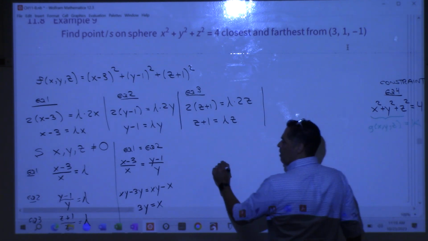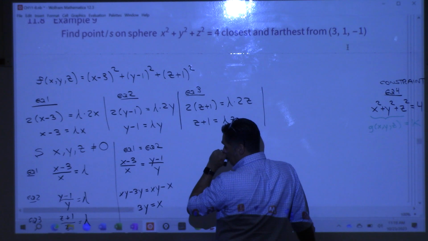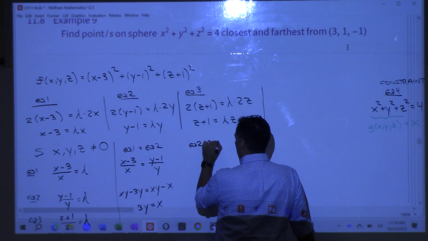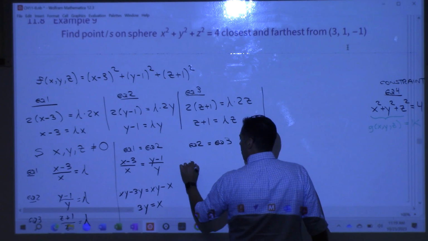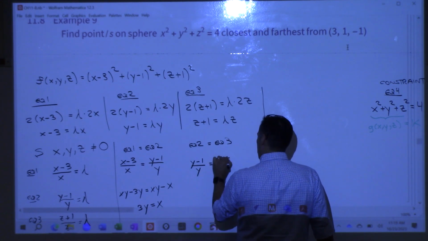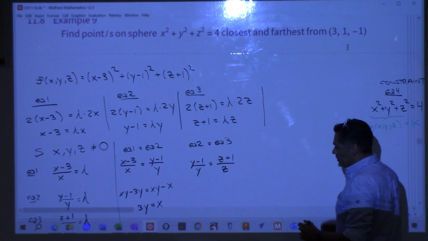So if I set equation, what do you want to do? 1 and 3, you want to go 2 and 3? 2 and 3. Equation 2 equals equation 3 because the lambdas are equal to each other. So y minus 1 over y must equal z plus 1 over z. Do that little cross multiply again.